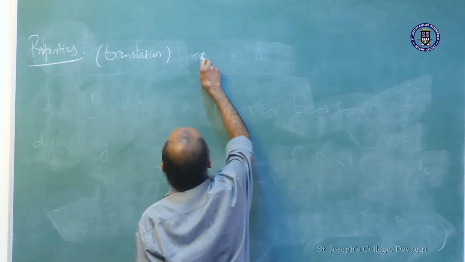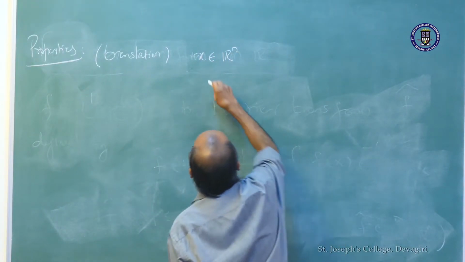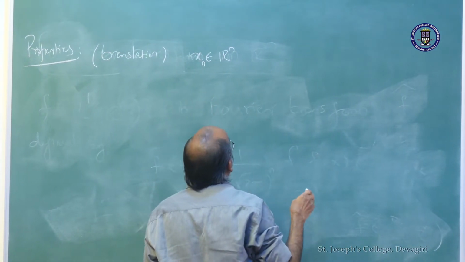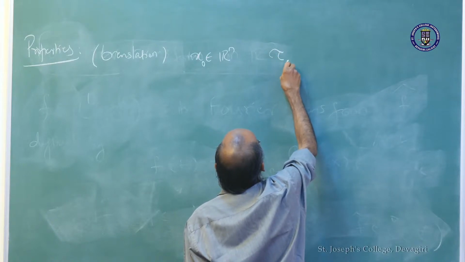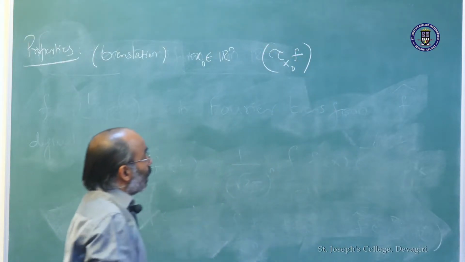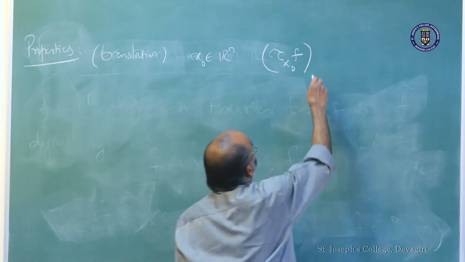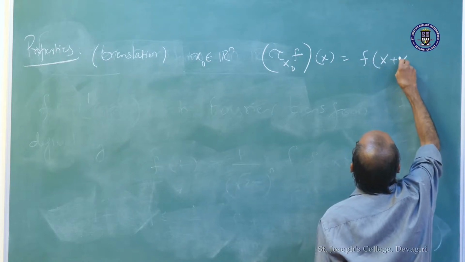You take a function, you take a point in R^n, and use that to translate. Let us put an x naught, so that it is a fixed point in R^n. Use the x naught to translate the function. So look at tau x naught of f, at the point x, to be f translated by the point x naught.